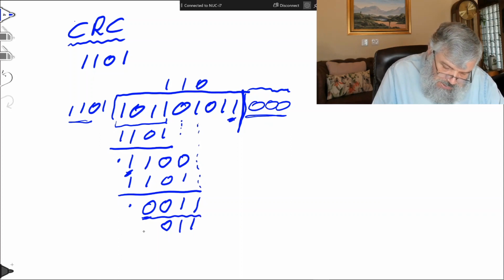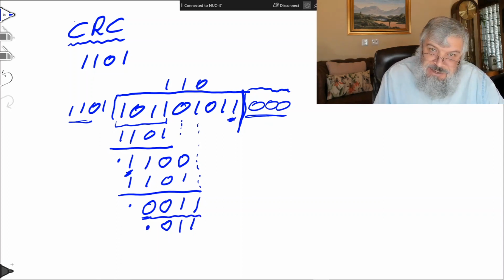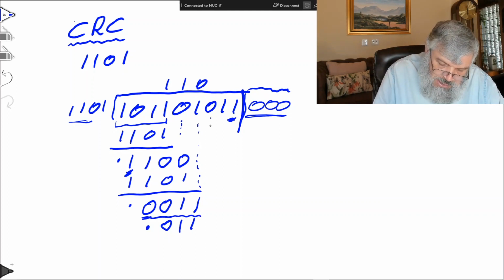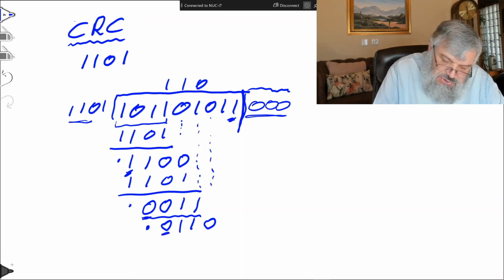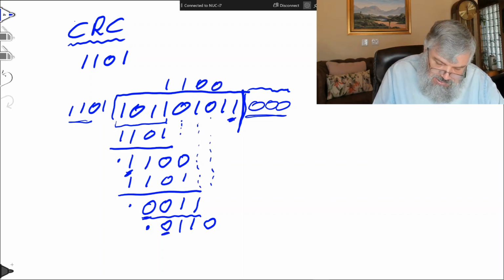The initial bit will disappear, getting rid of 1 bit at a time, and I will bring down my next 0. Now again, when I look at this polynomial and ask, can I divide it into that number, that leading bit is again 0, so the answer is yet again 0, and I'm subtracting 0 from this value that I'm working with.